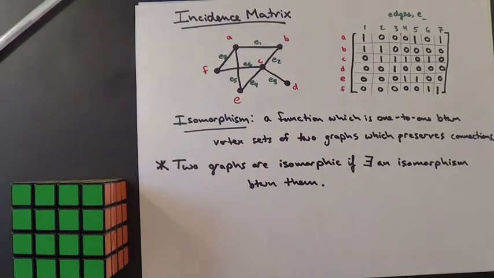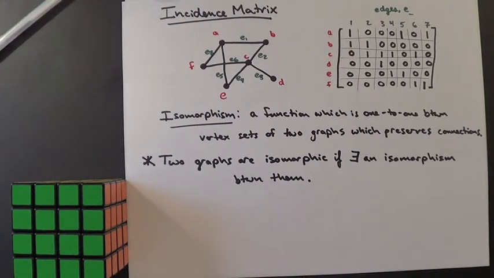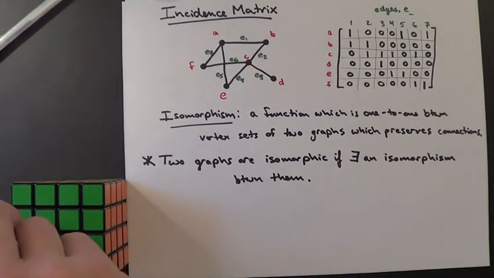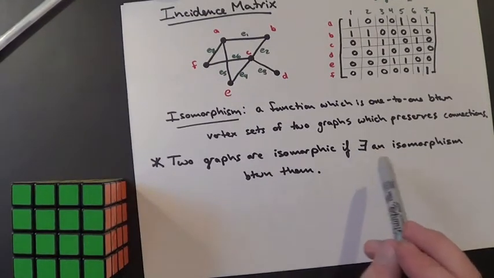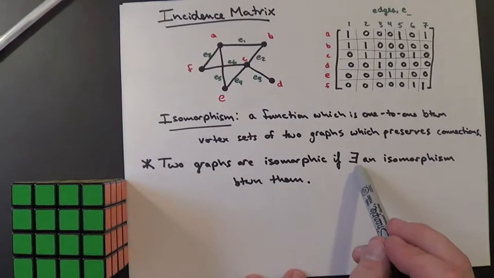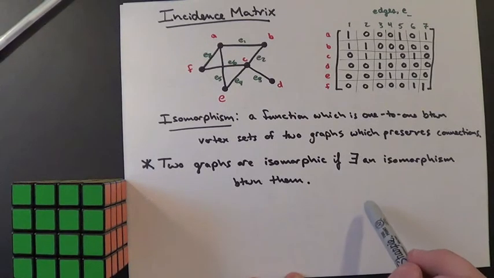So, like we've seen before, this comes down to just proving whether or not this function exists. Oftentimes it's easiest to show that two graphs are not isomorphic, solely because, remember there exists, so we don't have to find that particular function that is an isomorphism.